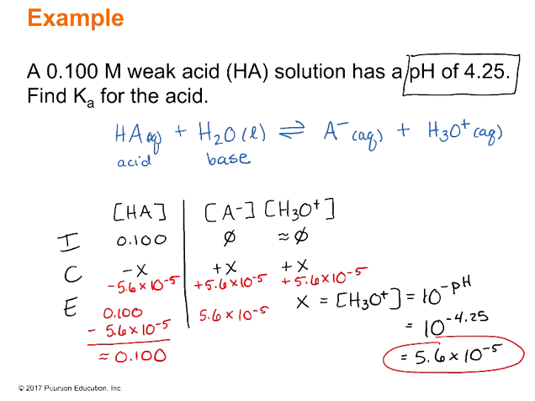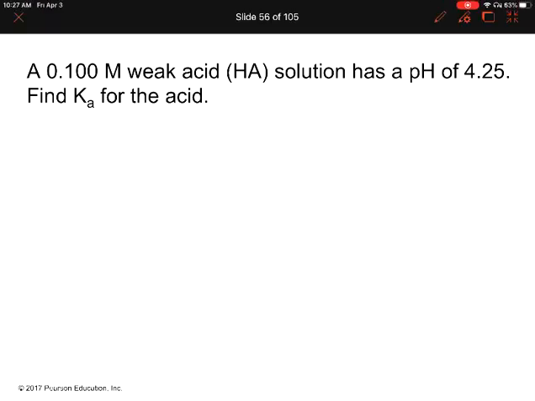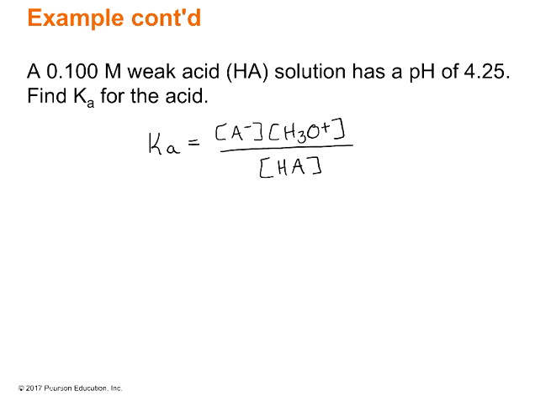All right. Now, the next thing we have to do is calculate Ka for the acid. So let's write out what the expression for Ka is. And now we just have to plug in the values for each at equilibrium.